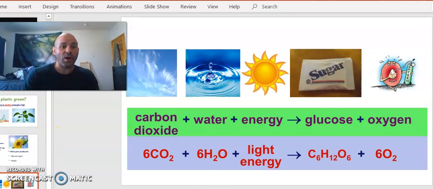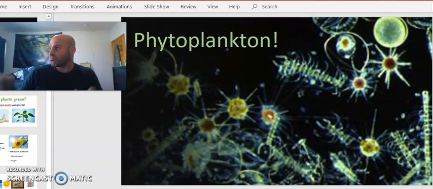So we already know that plants grow all over the land, right? When you or I think of plants, we tend to think of grass, trees, flowers. Well, did you know that oceans cover over 70% of our planet? So with all that water, life has evolved longer in the oceans than anywhere else on Earth.